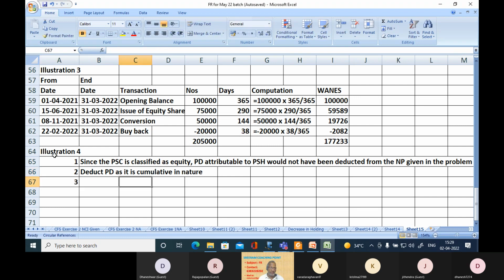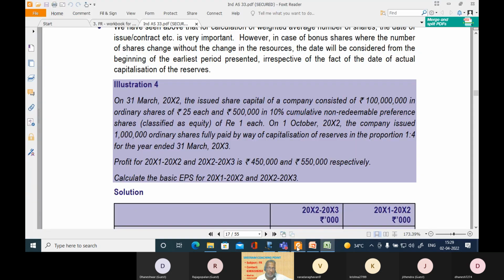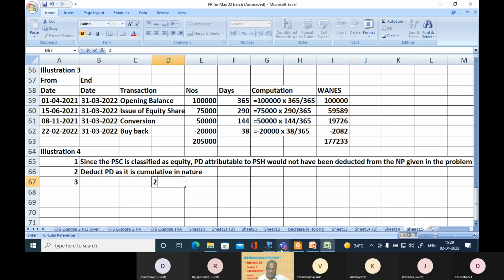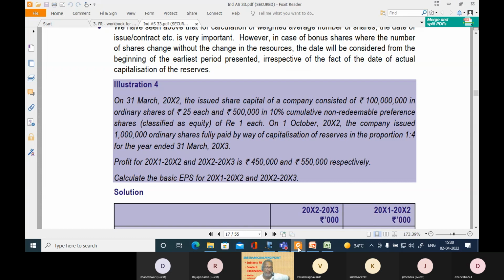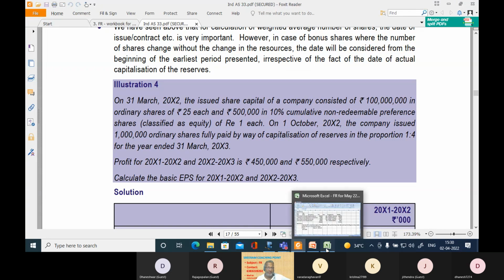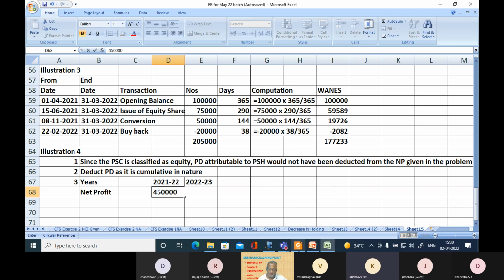Correct? 2021-22, 2022. Net profit, how much is that? 4,50,000 and 5,50,000, sir.